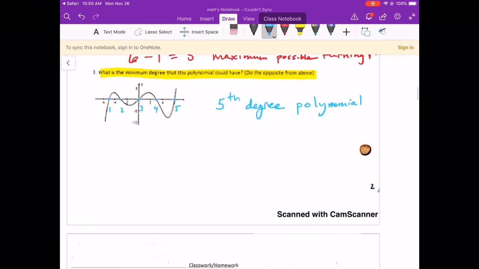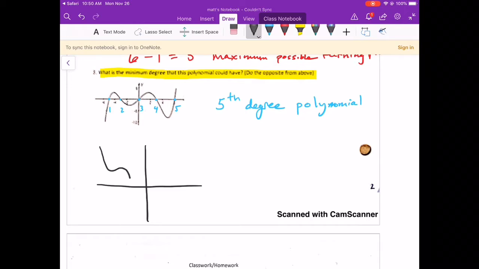All right, let me sketch one real quick just to see if I can be helpful about this bounce idea. So if I had some even function that looked a little bit like this, I'm focused on where it touches the x-axis. Now on first glance, you might think that's 3 times that it crosses the x-axis.